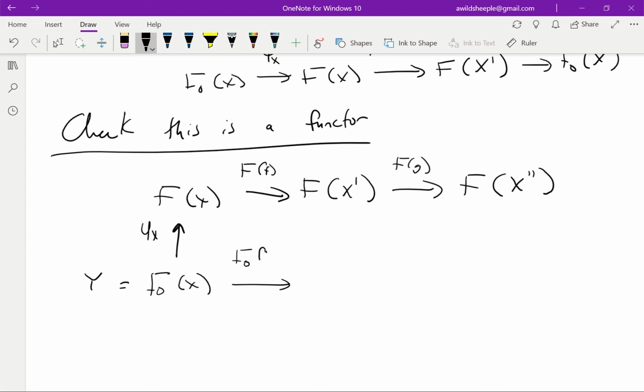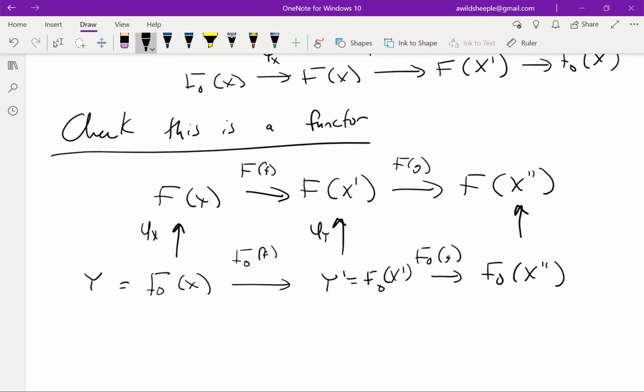And we have f0 of f and f0 of g. We'll call these y prime, with phi of x prime and phi of x double prime.